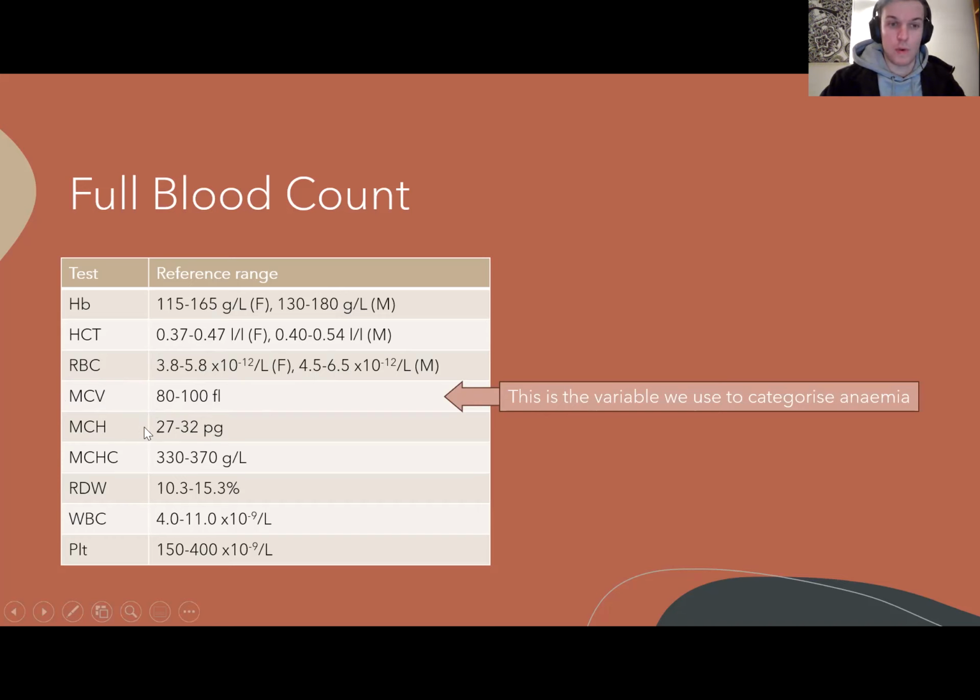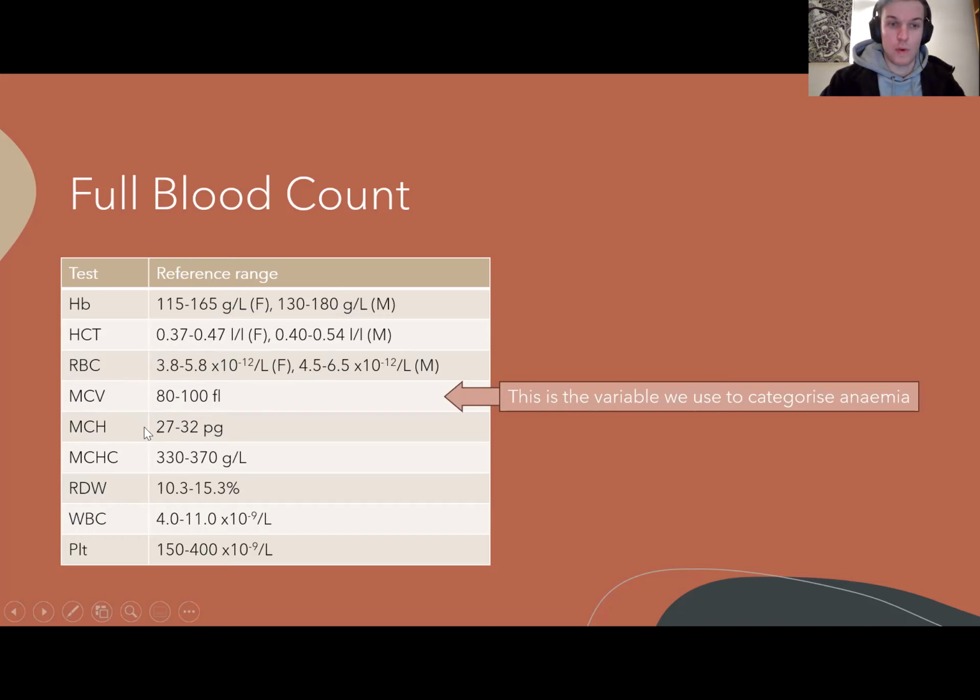So it can be a reaction to bleeding. The way that we can split macrocytic anemia is into megaloblastic and non-megaloblastic, and I'll talk a little bit more about exactly what that means, but basically what you need to remember is that these are the causes of megaloblastic anemia.